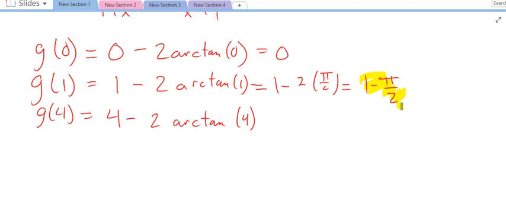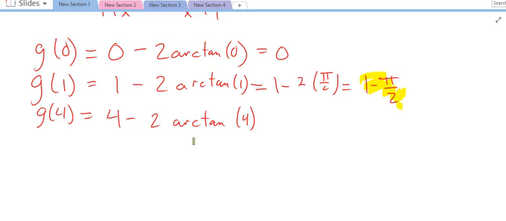So we know that. And then this g of 4, well, arctan is never bigger than pi over 2. So even at its worst, if this was around pi over 2, this would be 2 times pi over 2. So this would be like 4 minus pi at worst. So that's going to be positive.